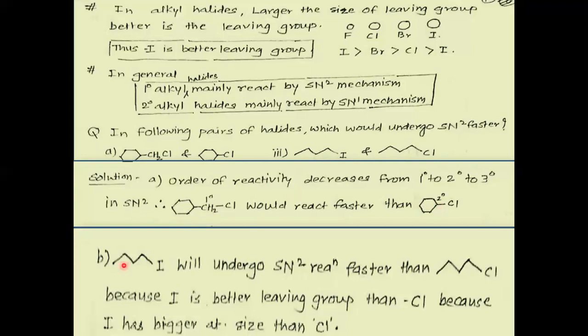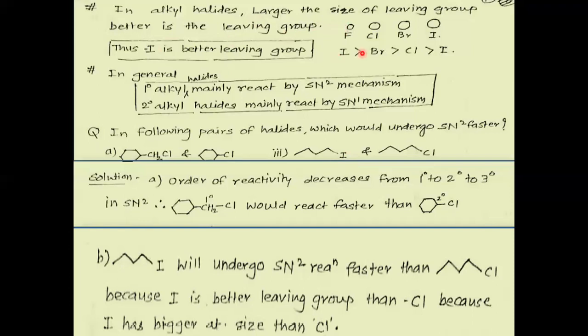Now second, see CH3CH2CH2CH2I and here CH3CH2CH2CH2Cl. Which would undergo SN2 reaction faster? Here we have seen that the larger the size of the leaving group, the better the leaving group.